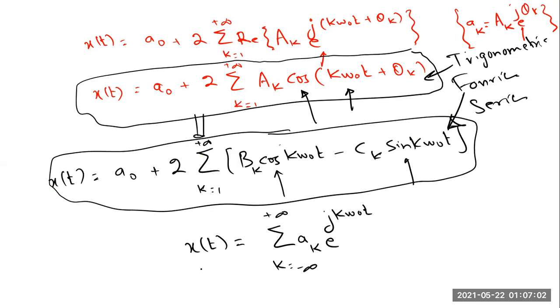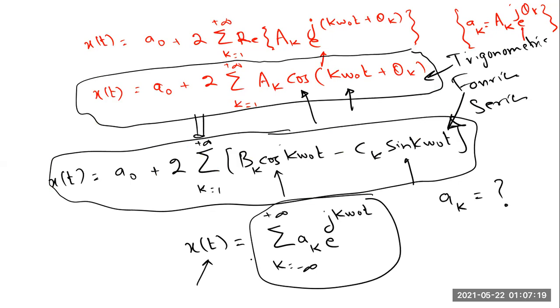Now the question is, if you want to represent any periodic signal x of t in this form, the unknown that you need to find out is ak. What is the value of ak? How will you find the suitable value of ak?